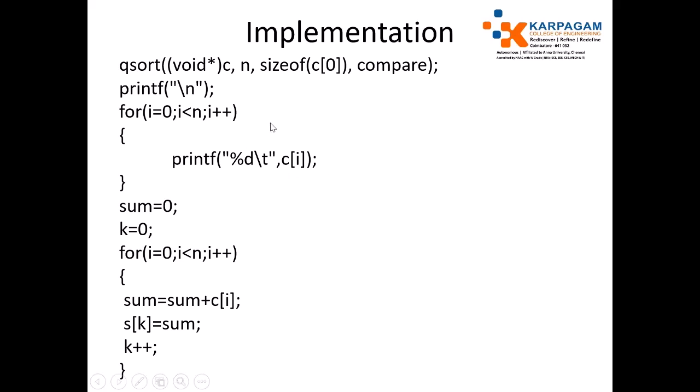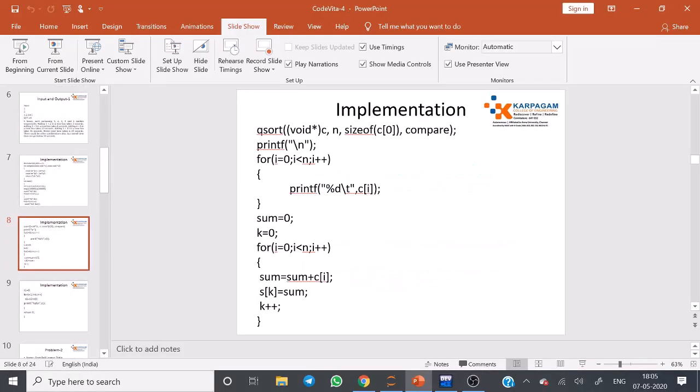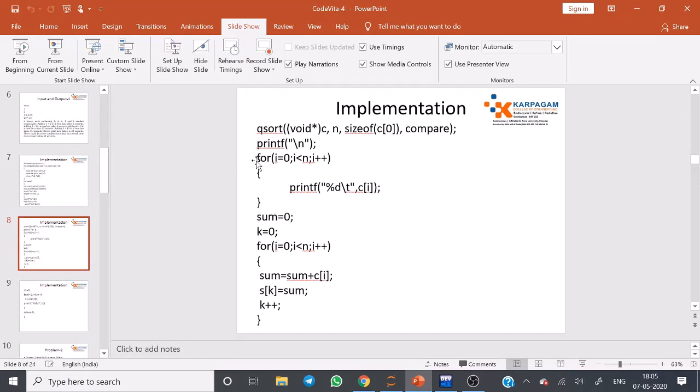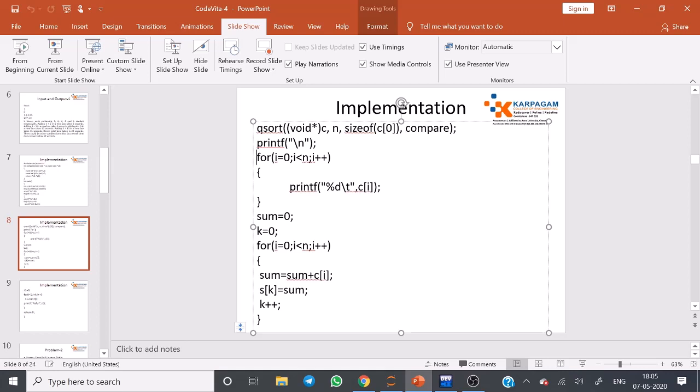Next, after sorting, just print it. You can check whether it is sorted or not. For competition these printing functions are not needed, so just hide that.